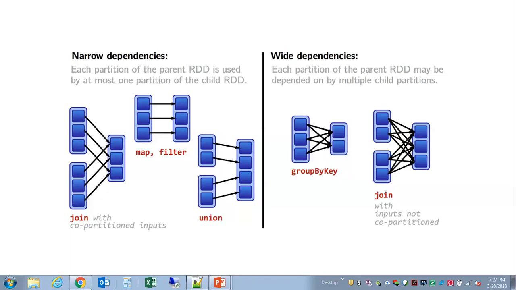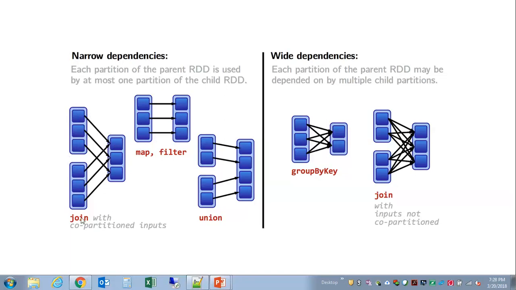Okay, so you can see this is partition 1, 2, 3, partition 1, 2, 3. This partition uses the first partition from this RDD and the first partition from this RDD. So these two are coexisting partitions. They are probably on the same node.